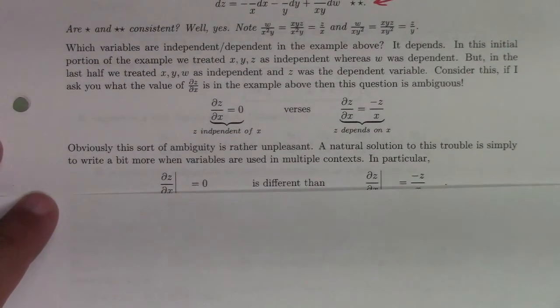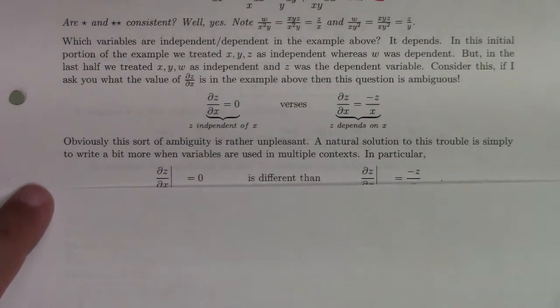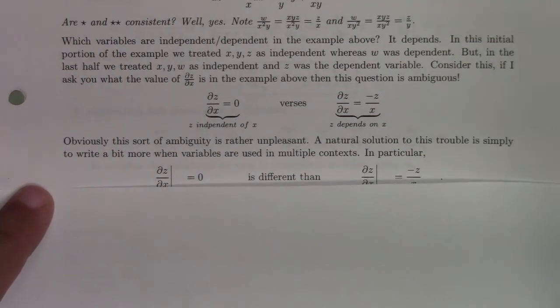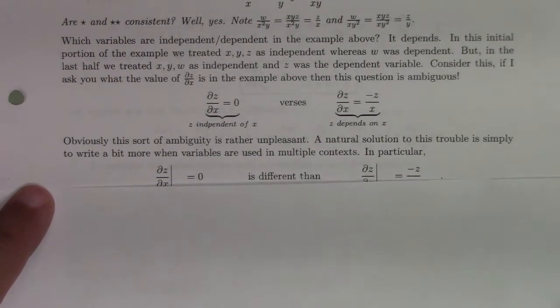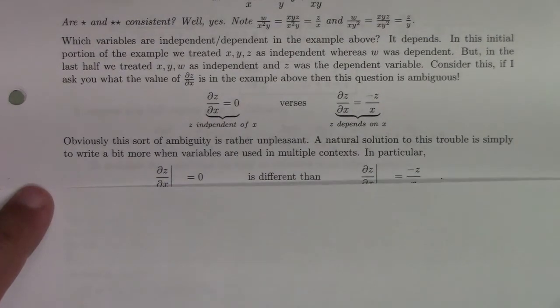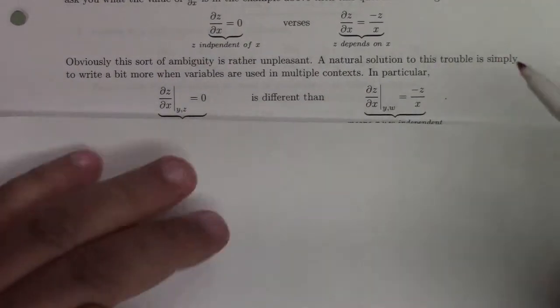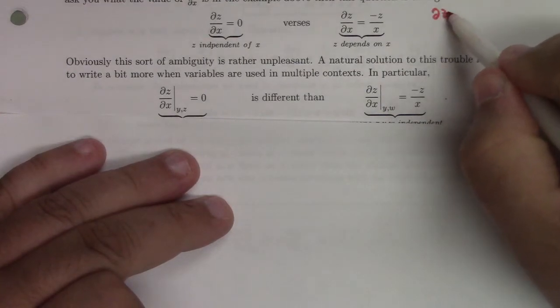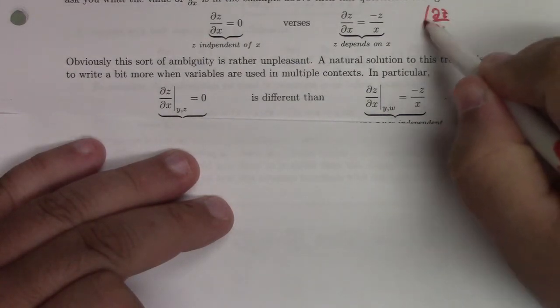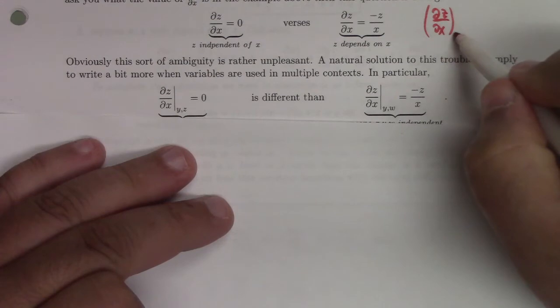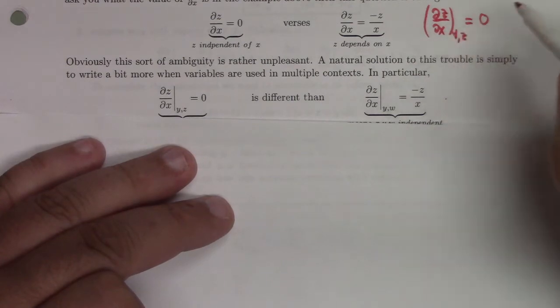So which is it? Is partial z partial x 0, or is partial z partial x minus z over x, right? You're like, what? Well, that's why at the start I was saying we should tell the reader what our independent variables are. Then we can avoid this kind of conundrum. And so the solution is simply that partial z, partial x, holding y and z fixed, is equal to 0, because x, y, and z are the independent variables.